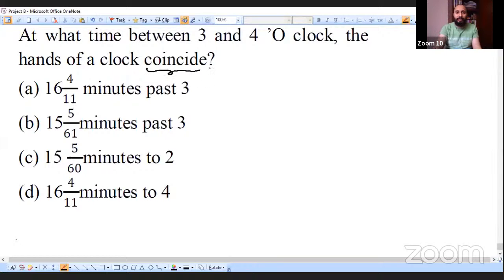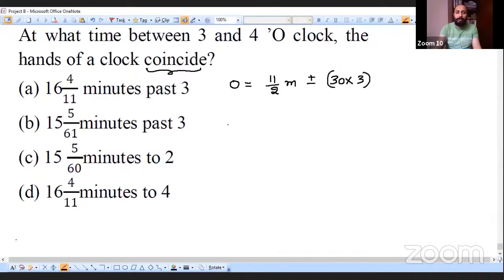Coincide means it is 0 again. So 0 is equal to 11 by 2 into minutes plus or minus 30 into hours, which is 3.